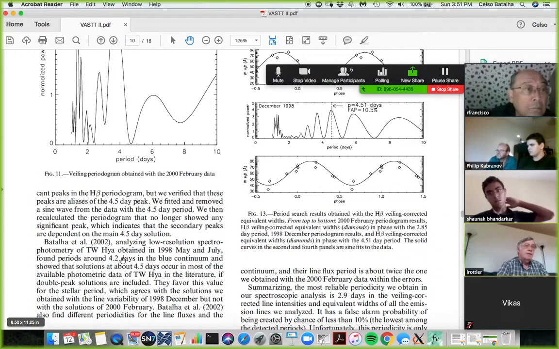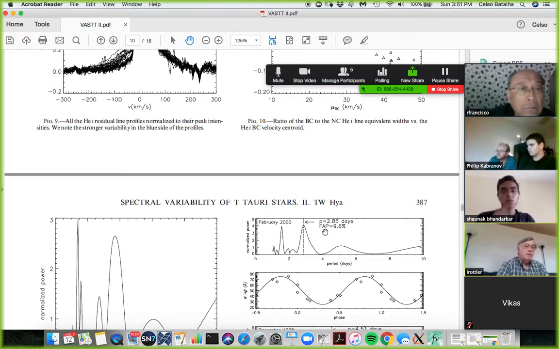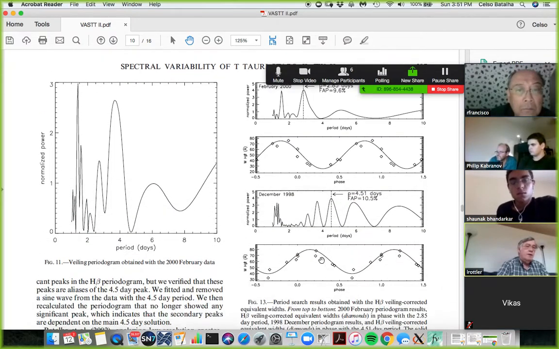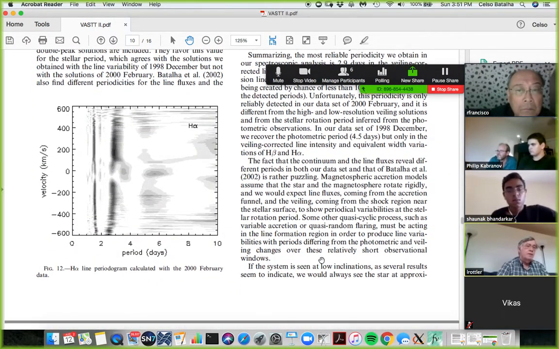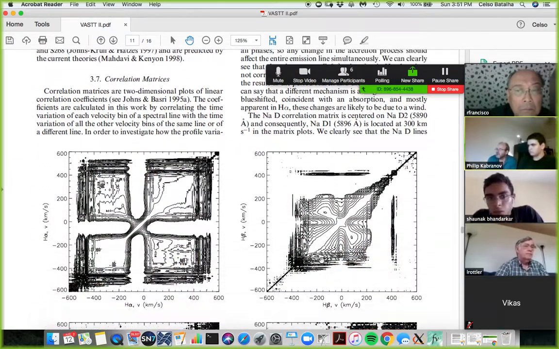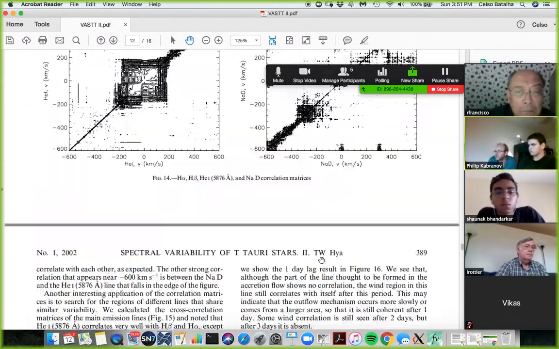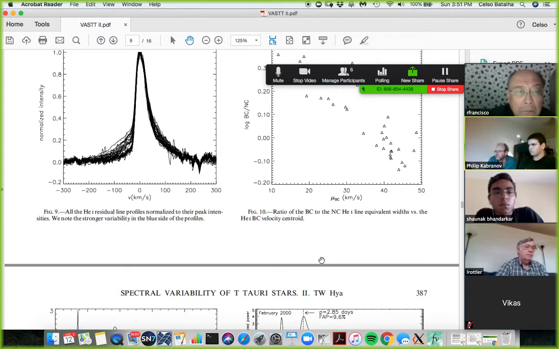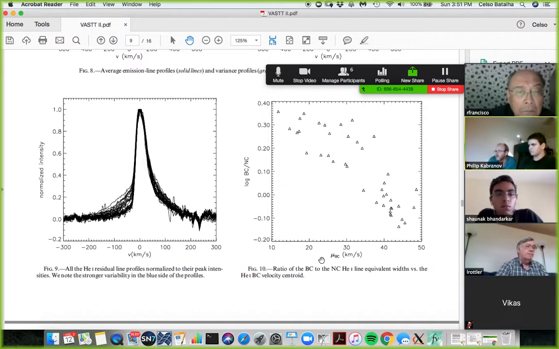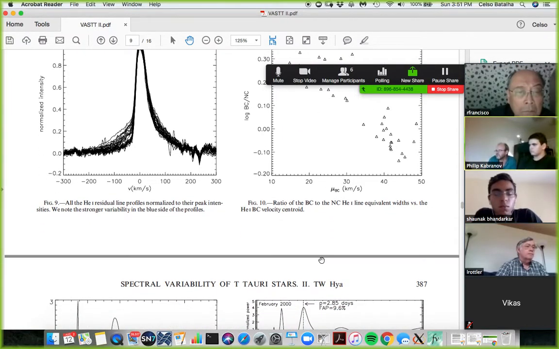Yeah, I think we settle in 4.2 days, which is the double or close to the double of this one. It's not exactly, 2.1 to 2.8. Yeah, I have to read it again, see what we did. I don't remember. This one? Yeah. 387.